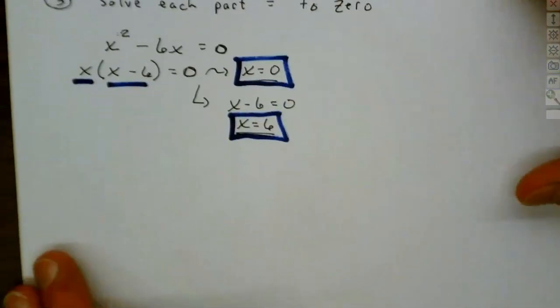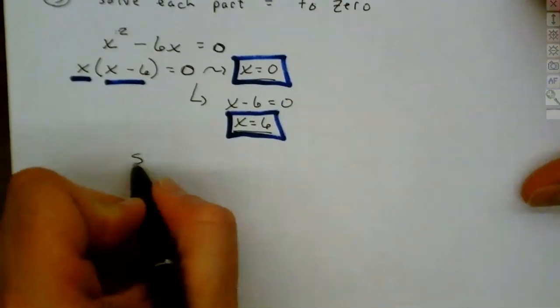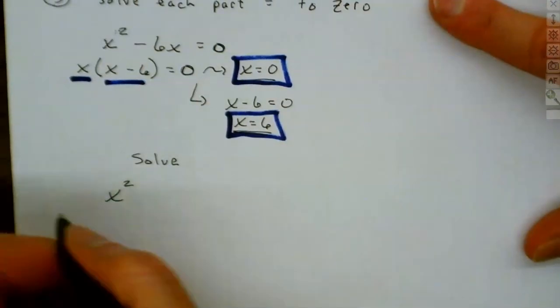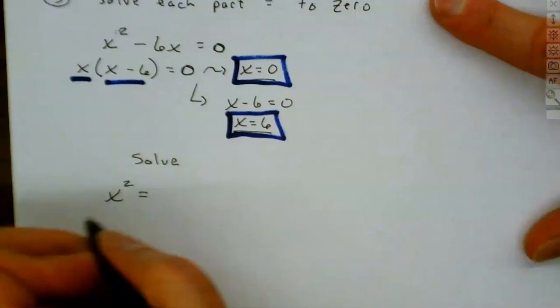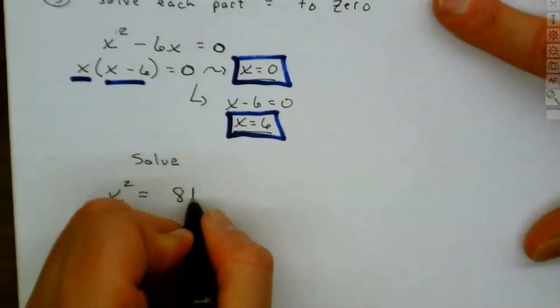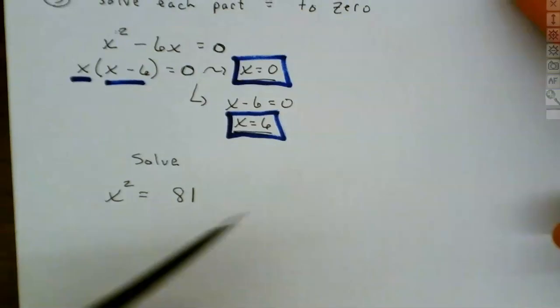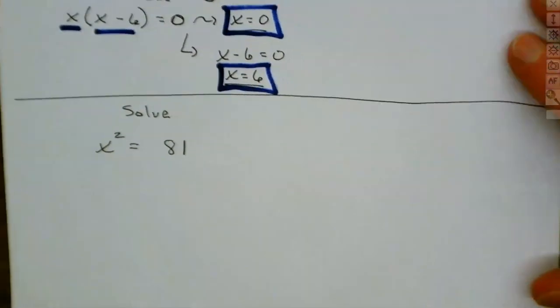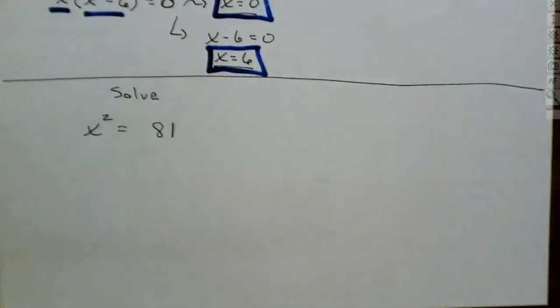Let's try another one. So let's try to solve this one. Well, what is our step-by-step procedure? Set to 0, factor, and then you solve each part equal to 0.